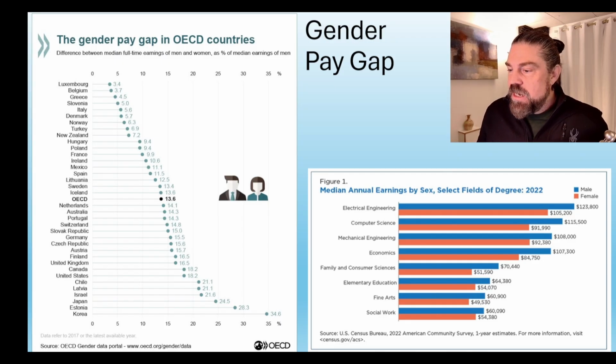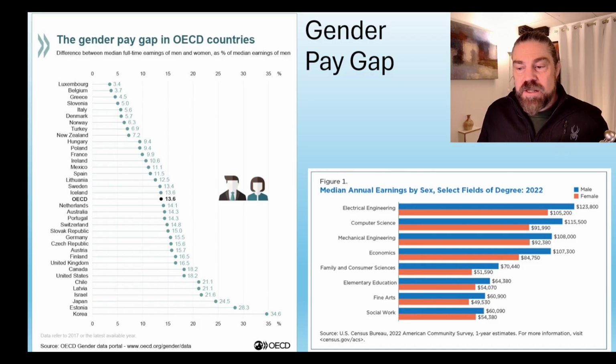Same in computer science. Female computer scientists get paid, well, again, that's $25,000 less than male computer scientists, even with the same degrees, right? Mechanical engineering, women get paid less than men. Female economists get paid less than male economists. Family and consumer services, women get paid less.